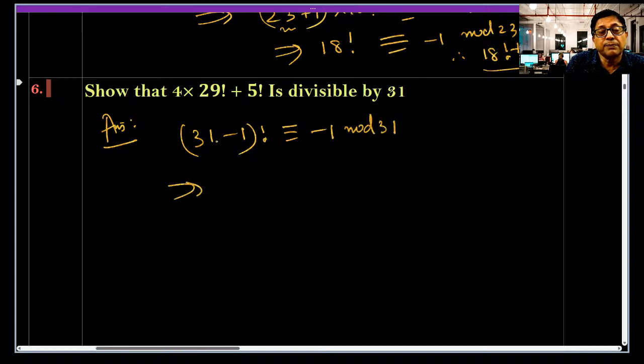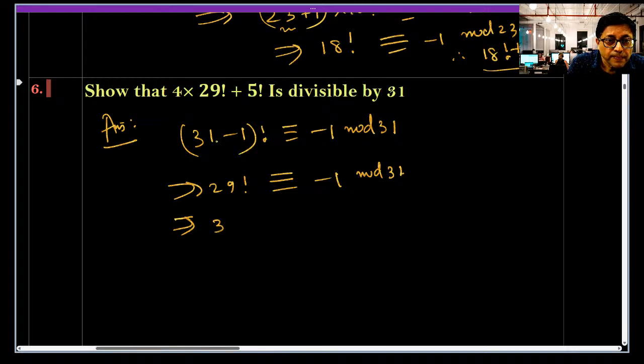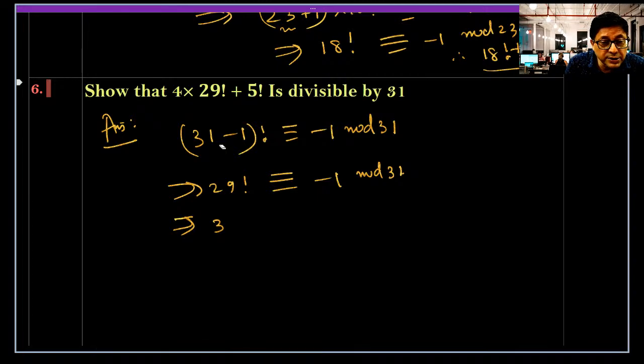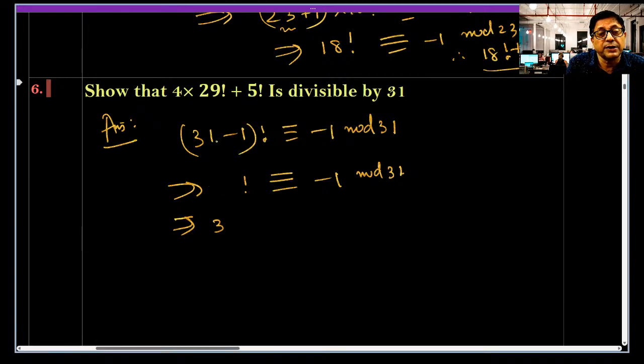Okay. So this implies 29 factorial congruent with minus 1 mod 31. Oh sorry, this is not 29, this is 30 factorial. 30 factorial you can write as 30 into 29 factorial. See, the approach is the same.